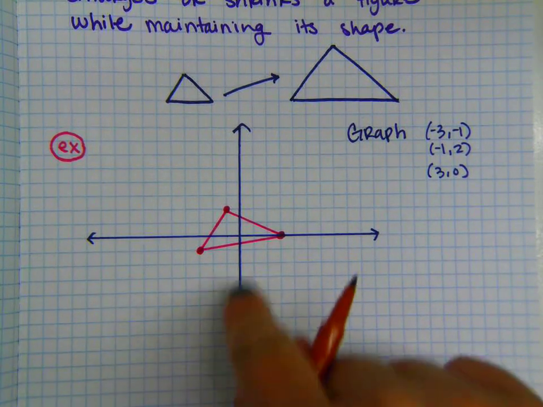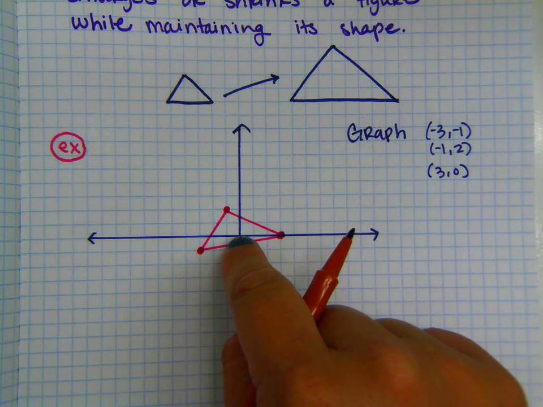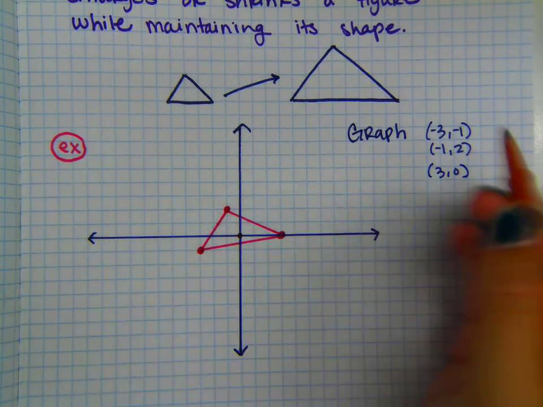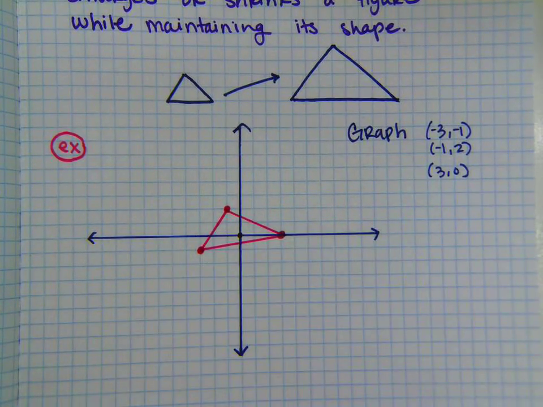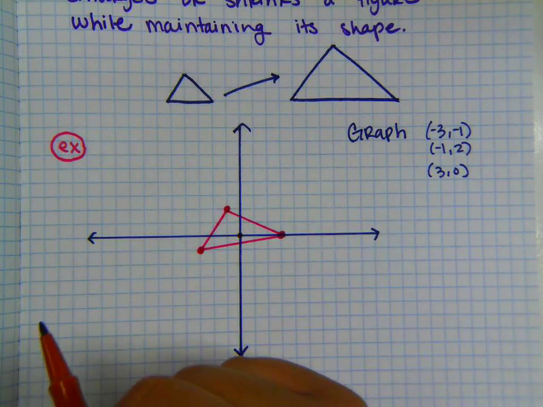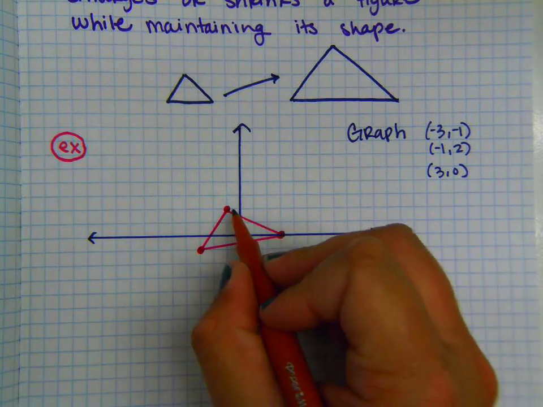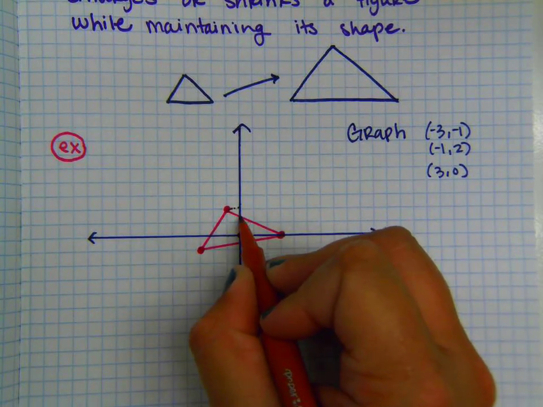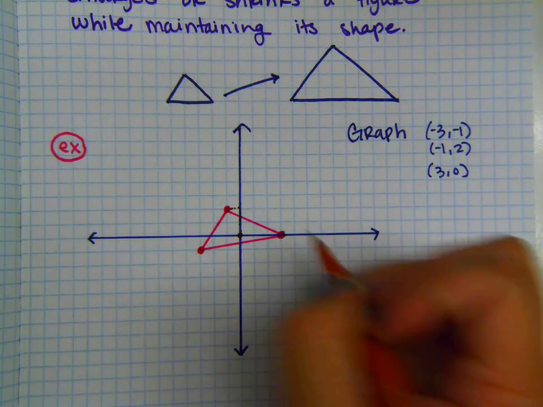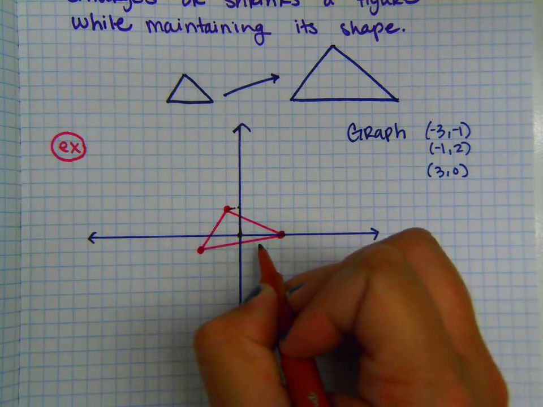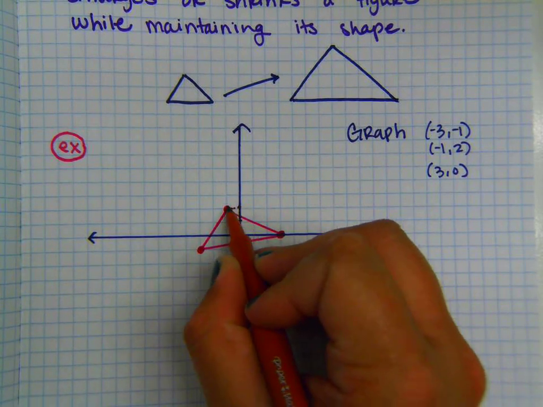So the origin is going to be our point of dilation. So from this point to get to the origin, we go over 1, down 2. Or from the origin, we go up 2 over 1.